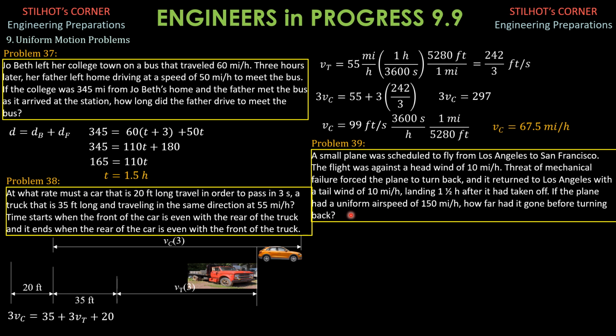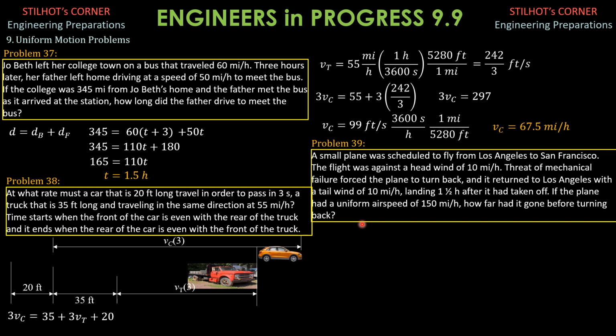So take note that the distance from Los Angeles to the point where the small plane returned is equal to the distance from the point of return to Los Angeles.